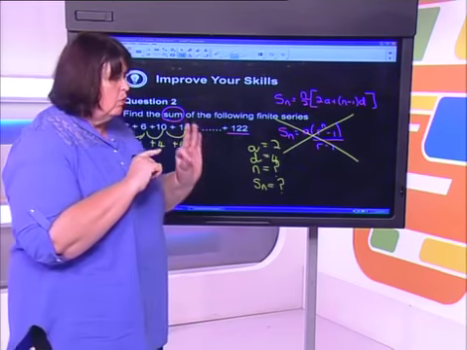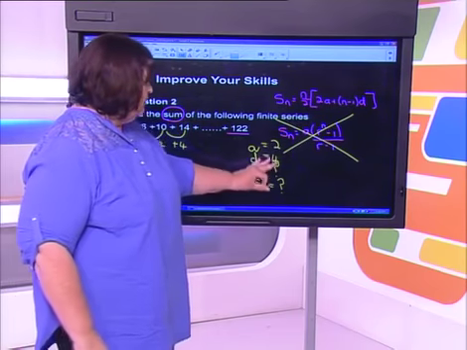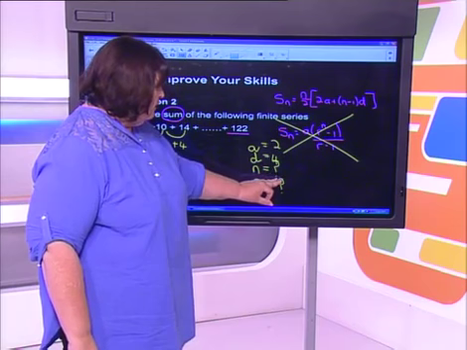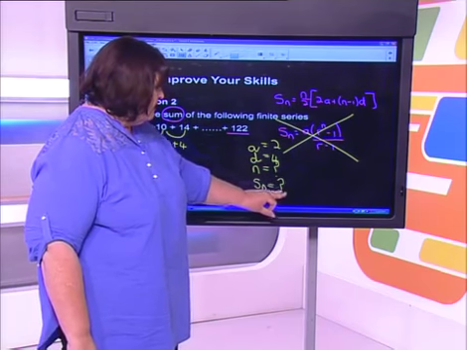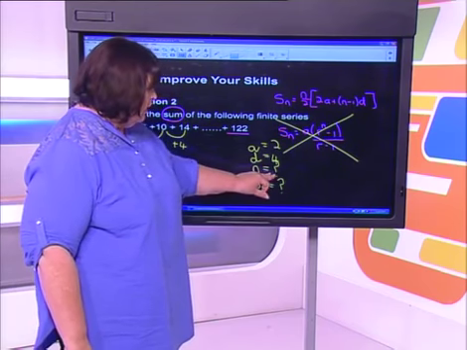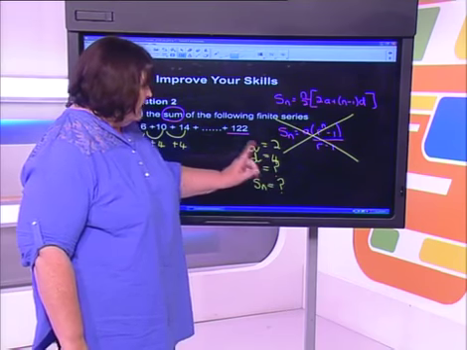Looking at this, what can we still work out? We've got A and we've got D. We don't know what N is. They're asking for the sum, so the chances are we have to work out N. How do we do that?